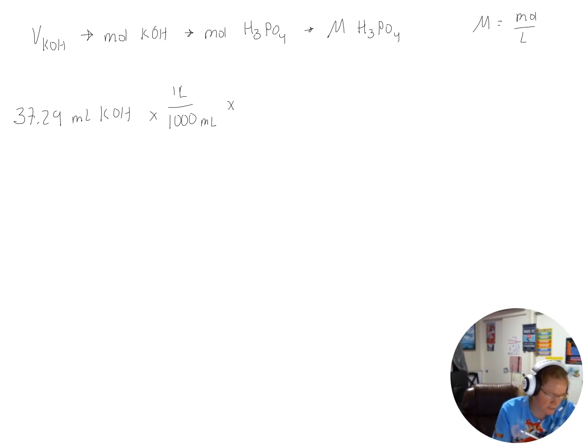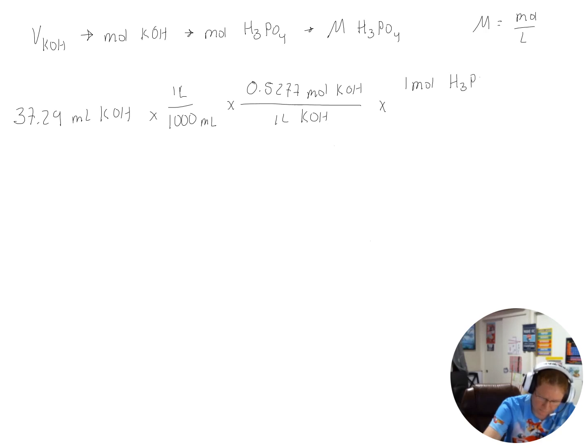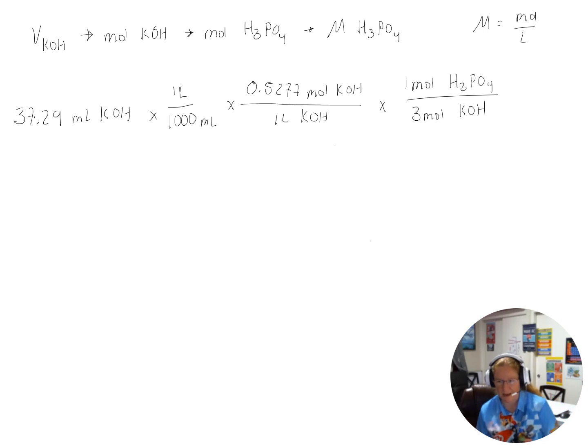Okay, the concentration of our potassium hydroxide was 0.5277 molar, so I have 0.5277 moles of potassium hydroxide in every 1 liter of that potassium hydroxide solution. Okay, my balanced equation tells me that I have 1 mole phosphoric acid for every 3 moles of potassium hydroxide. Okay, now if I stop there, I will have moles.